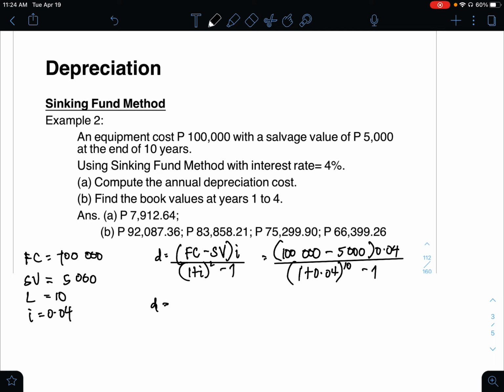So it's 7912.63 pesos. So that is our depreciation.